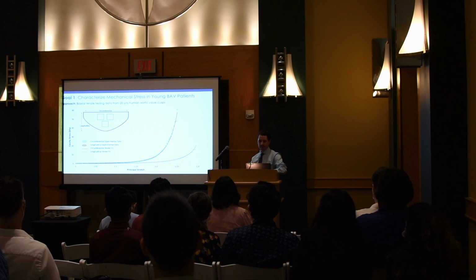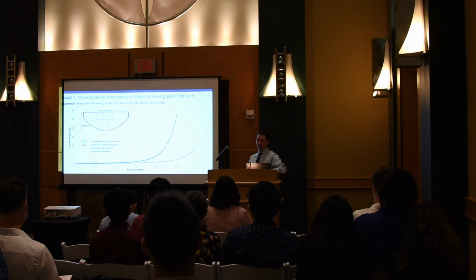But in our model, we're actively working on implementing biomechanical properties from patients in the age range closer to our test subjects to better replicate the biomechanical nature of the valves. So what I'm showing here is biaxial tensile testing data from a 20-year-old healthy human donor, alongside a fit to the Gasser-Ogden-Holzapfel model, which was originally adapted to arterial modeling, but can be adapted to develop custom material properties.